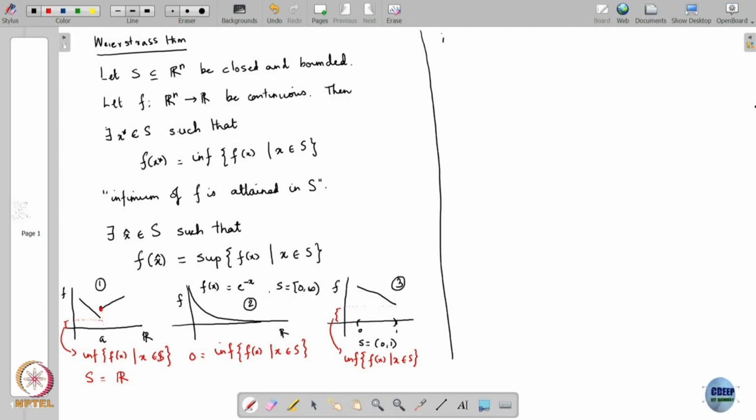In case 1, the function is tending towards becoming smaller and smaller as you approach a from the left. You get lower and lower values, but at a the value jumps. So, the problem in case 1 is a discontinuity in f.